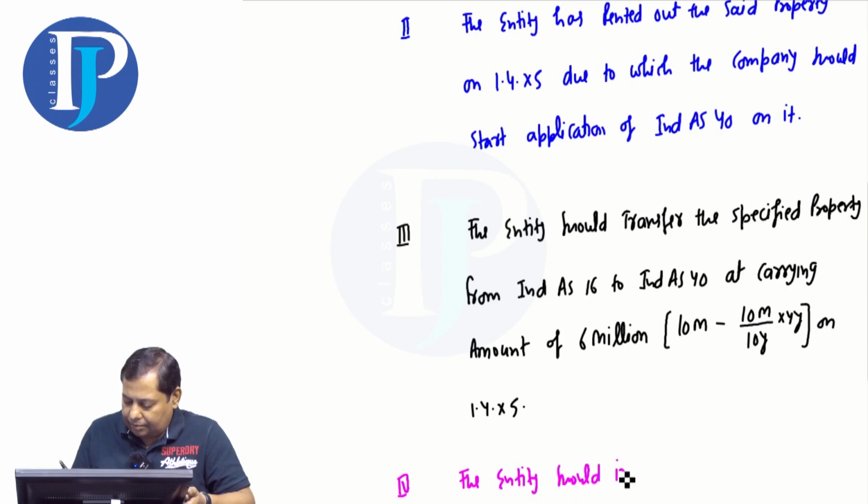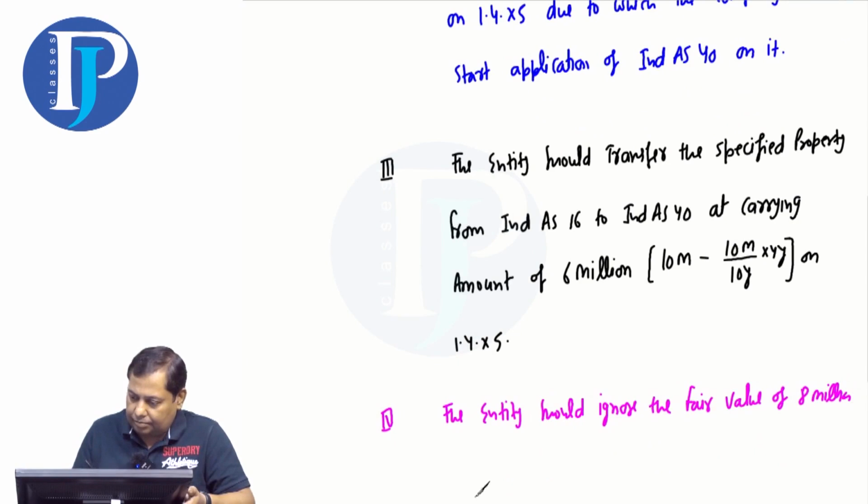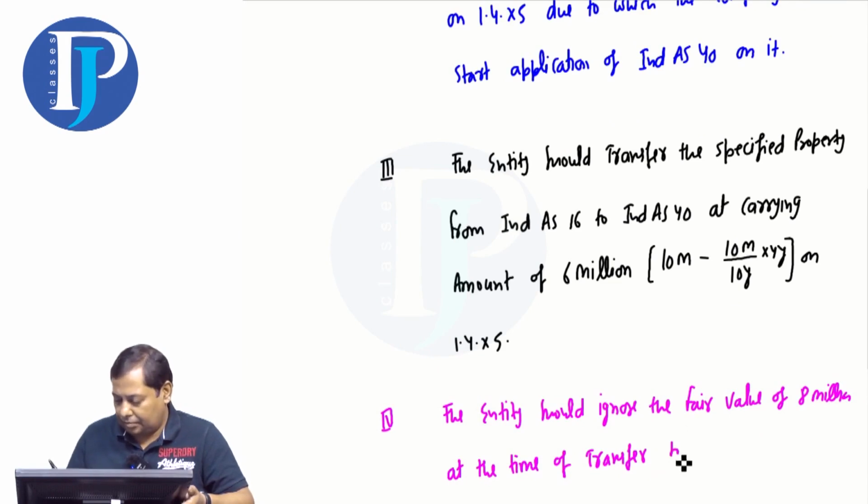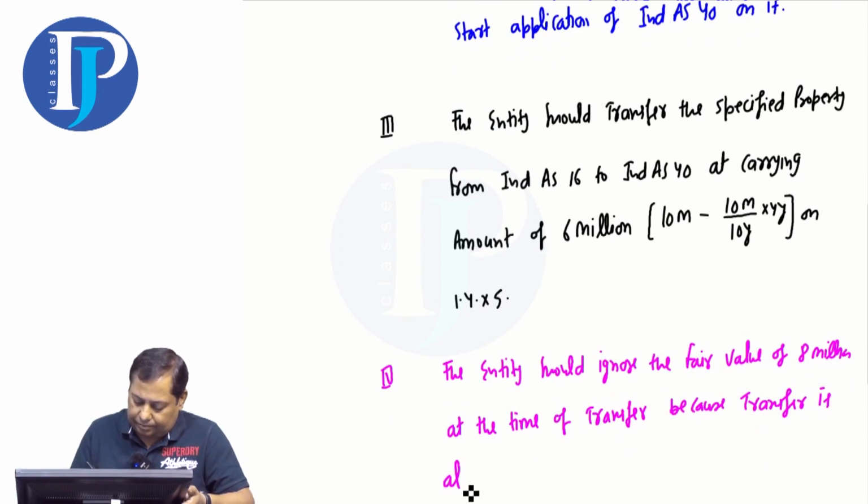The entity should ignore the fair value of 8 million at the time of transfer. Because transfer is always made at carrying amount.